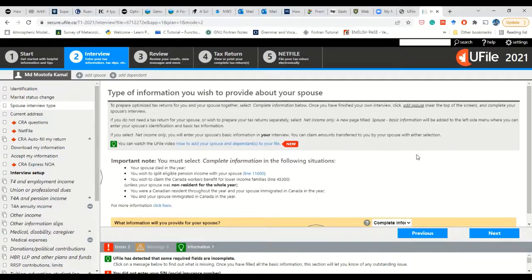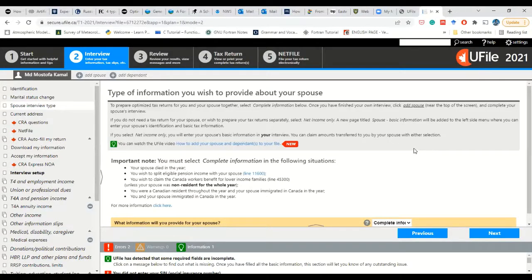Let's say if she worked last year, then you will provide all her work related information: how much she made last year, and how much tax she paid, employment insurance, everything. Or if she was on maternity leave, the amount of money she received from the government of Canada. All those information you need here.